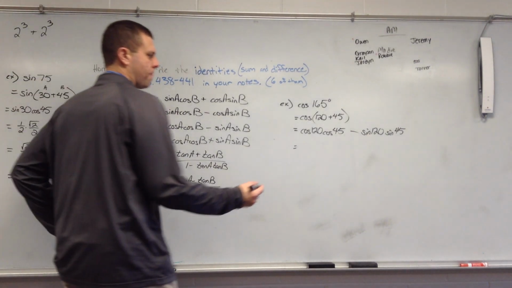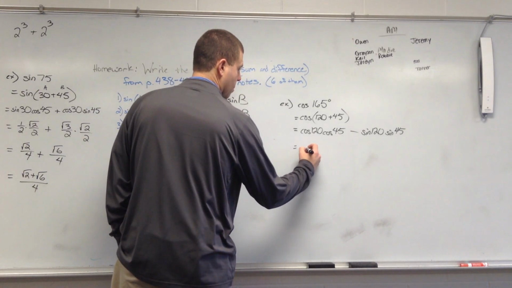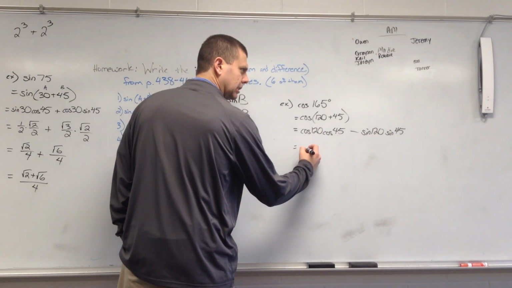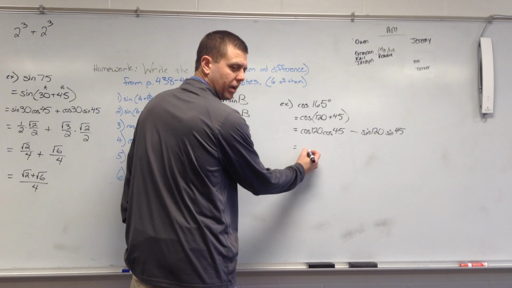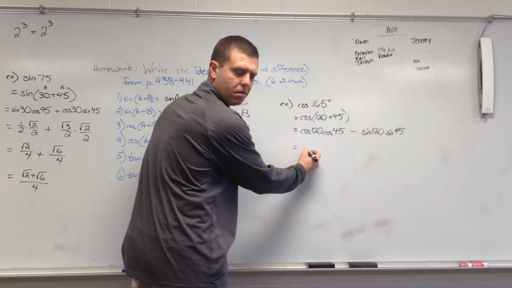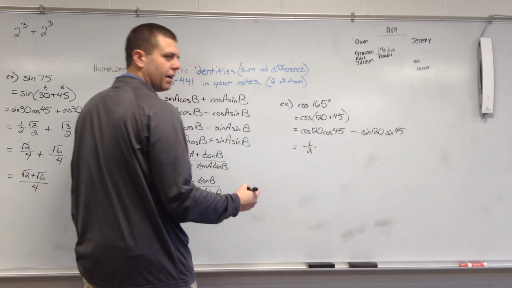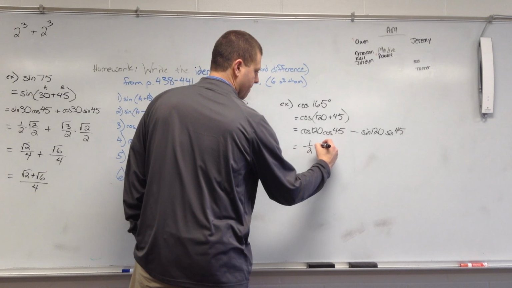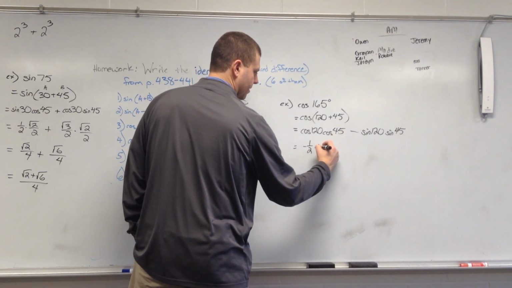Cosine 120 is negative one half, the cosine of 60 but negative. Cosine 45 is root 2 over 2.